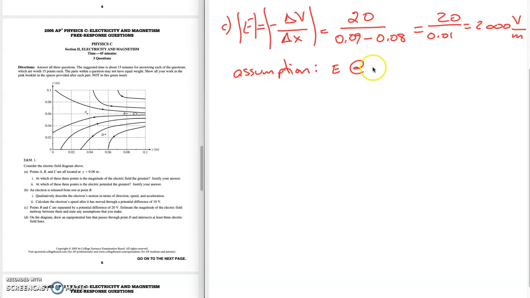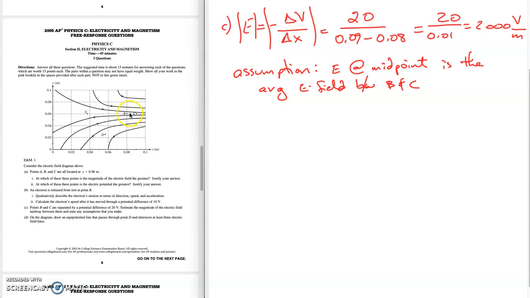E at the midpoint is the average E field between B and C. Notice how the electric field lines are getting closer and closer together.